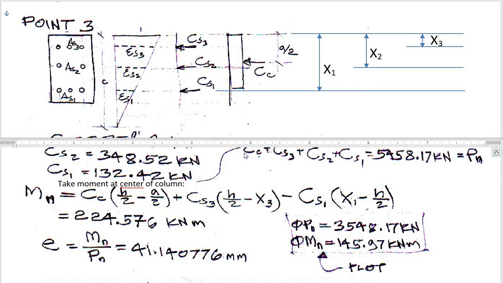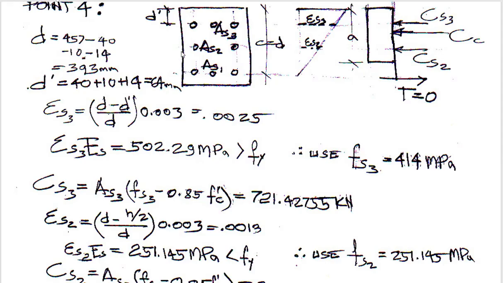Next would be point 4. This time, strain in steel is equal to 0. Ang steel na sinasabi dyan, yung outermost reinforcing steel, which is As1. Or your distance, small c, is now equal to the effective depth, d.